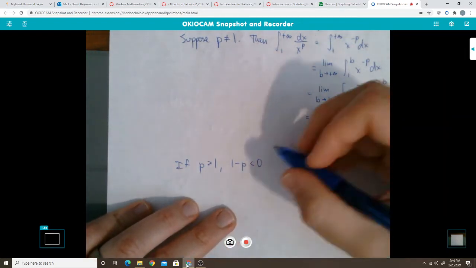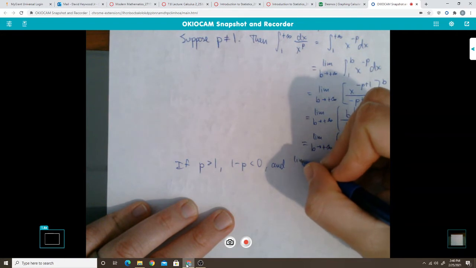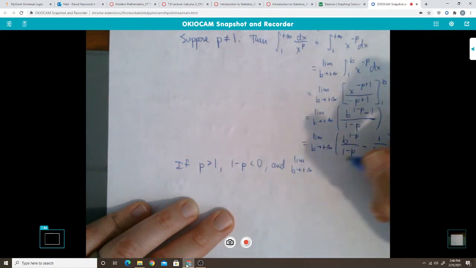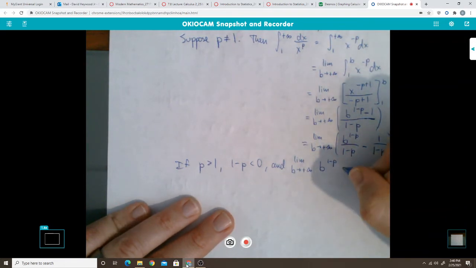And so the limit as b goes to positive infinity of b to the 1 minus p goes to 0, right?